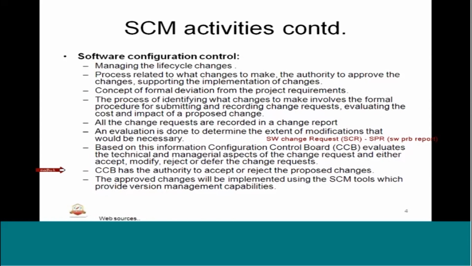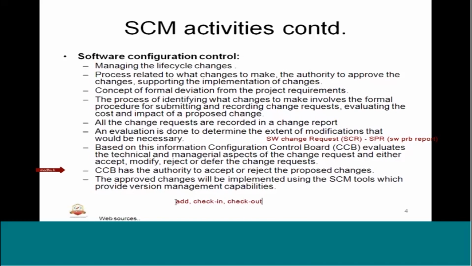So the approved changes will be implemented using SCM tools, which provide version management capabilities. Examples are CVS, VSS, and SVN, which basically provide version control capabilities. Version control capabilities are things like add, check-in, and check-out.